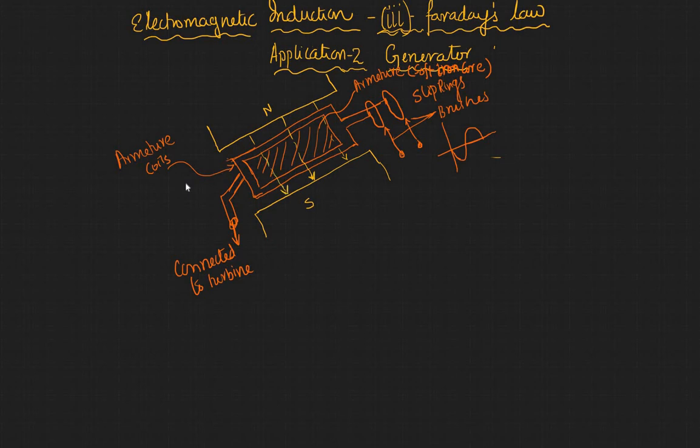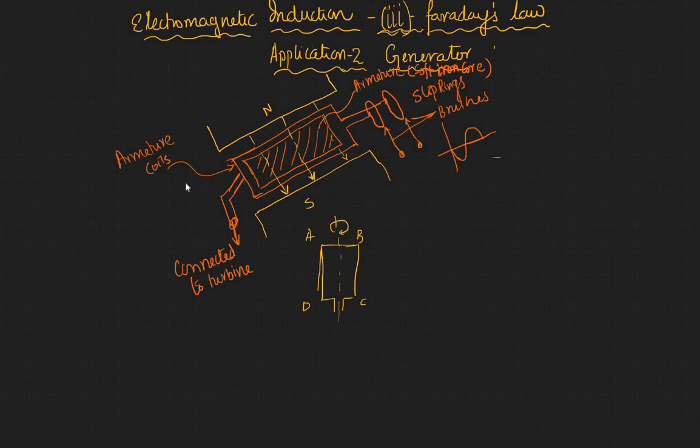Okay, so now this is your view of the generator. Let's assume this is a coil, and you have here A, B, C, D, and you're rotating this like this.